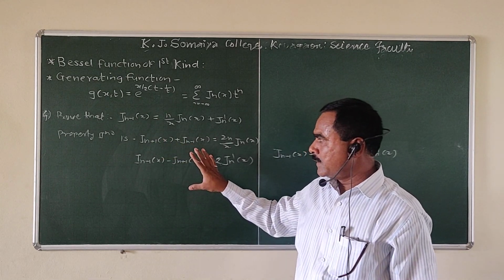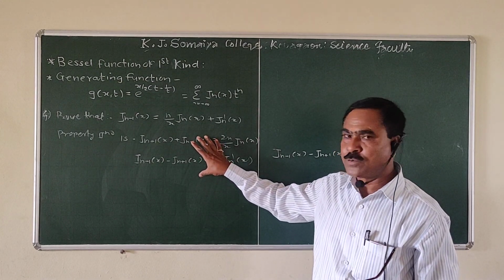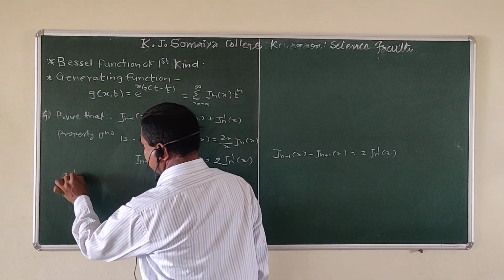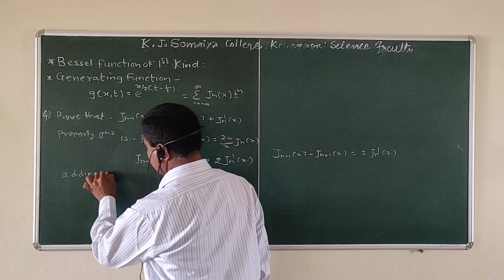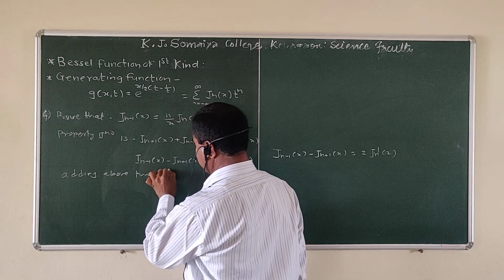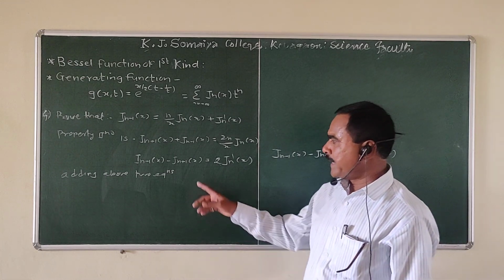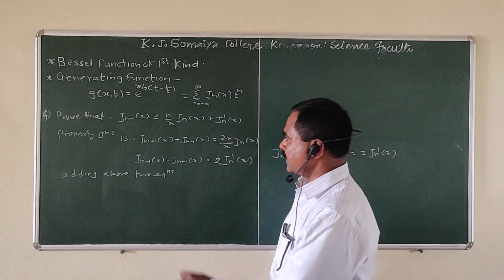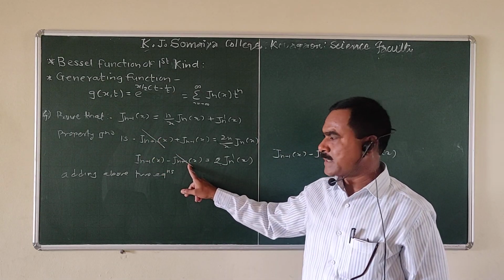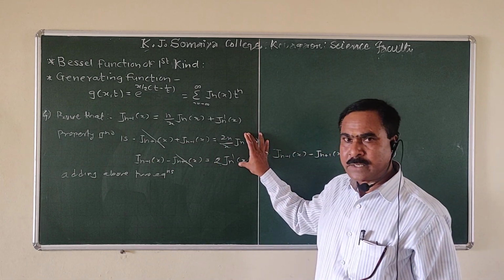So in the next step we are going to add these two properties. So adding the above two equations. In addition, what happened? This term gets cancelled and the remaining terms are this and the right hand side.